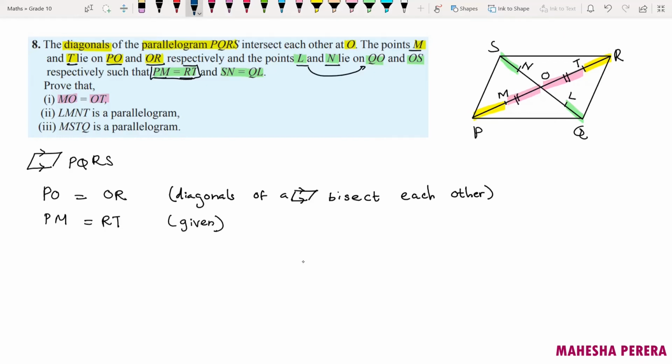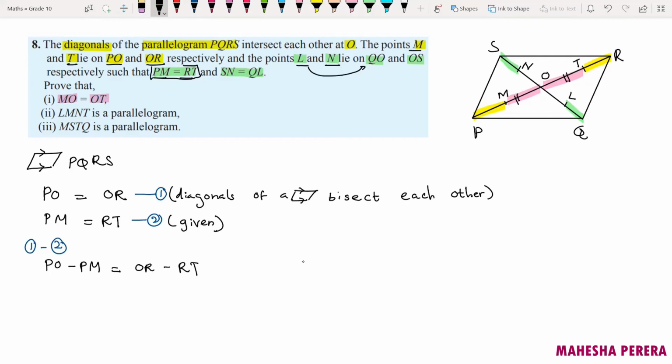Now, if I label the first one as number 1 and the next one as number 2, and if I deduct 2 from 1, I can obtain MO and OT. PO minus PM equals OR minus RT.